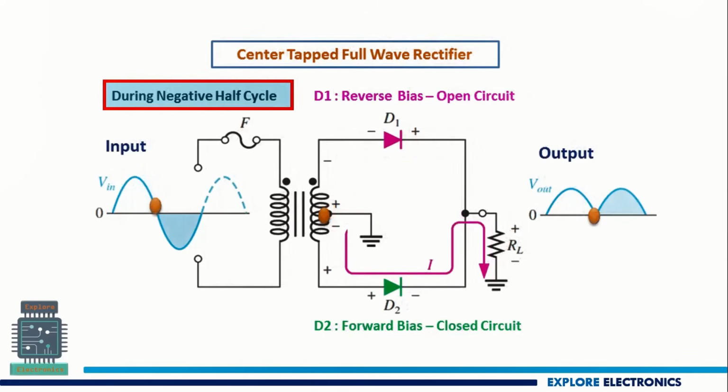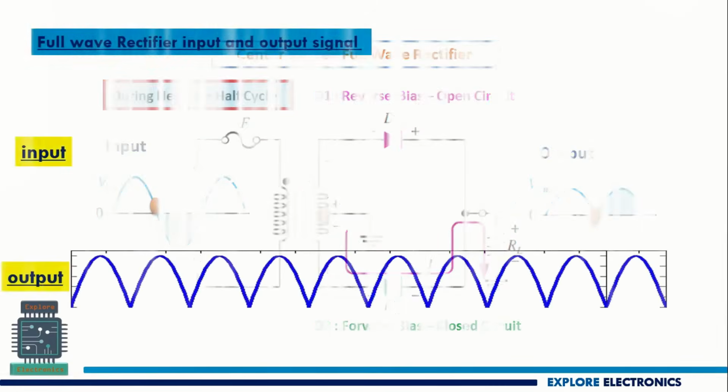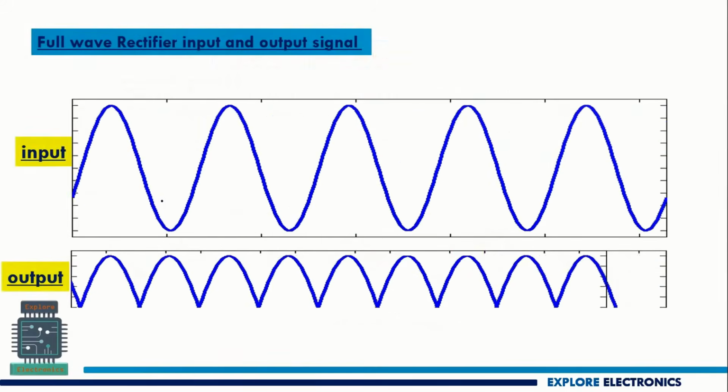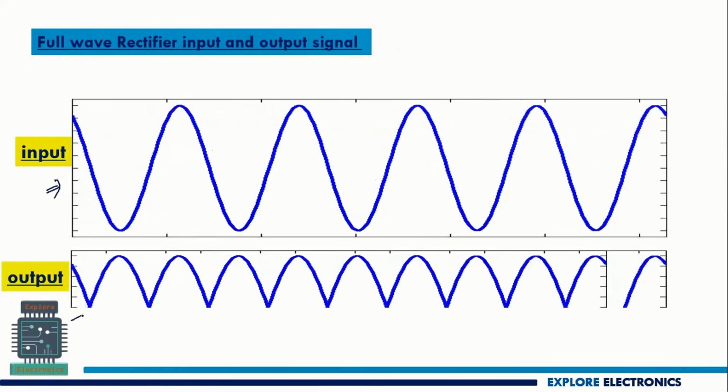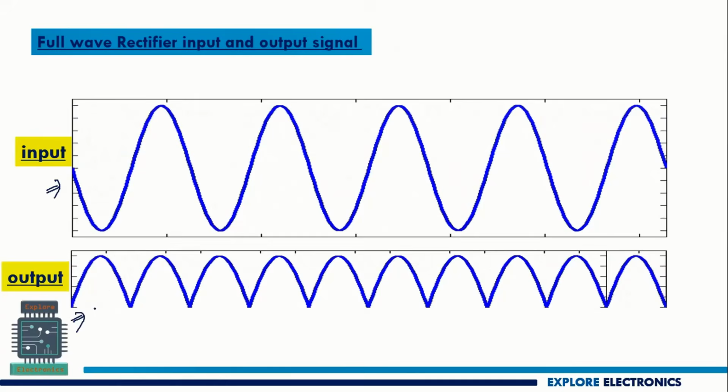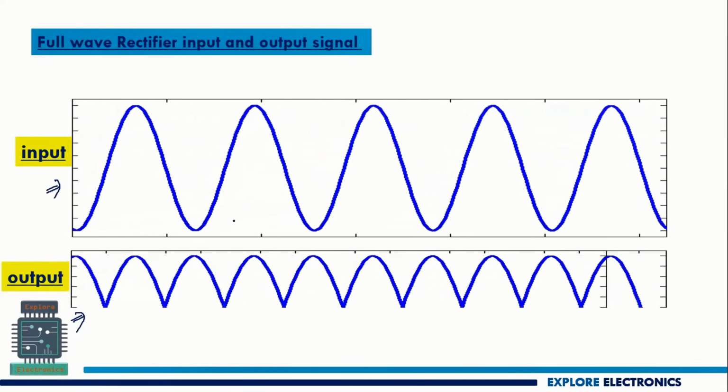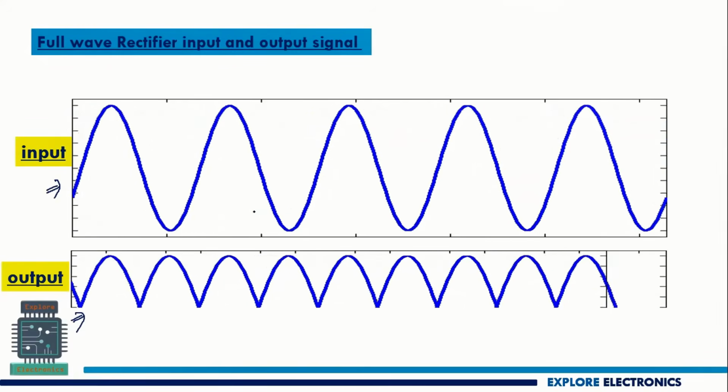Even when the negative half cycle of the input is applied, the current is flowing through RL in the same direction. So if we measure the output across this, we are going to get two peaks like this. And if you see the complete waveform, it will be like this. This is the input signal AC. This is the pulsating DC which we have converted. It will have two positive peaks for the positive and the negative half cycle of the input.